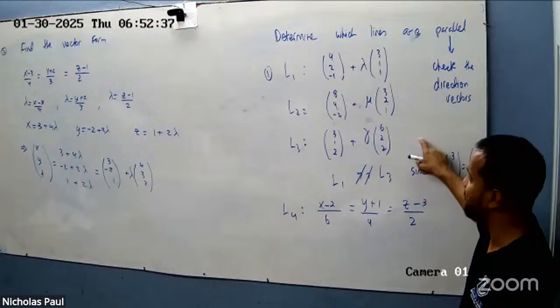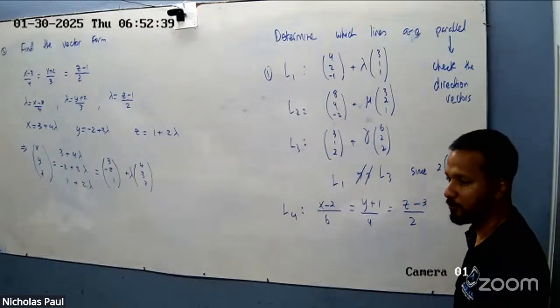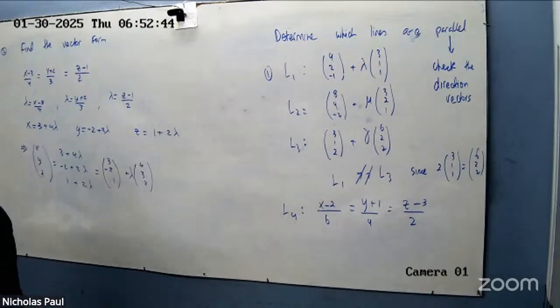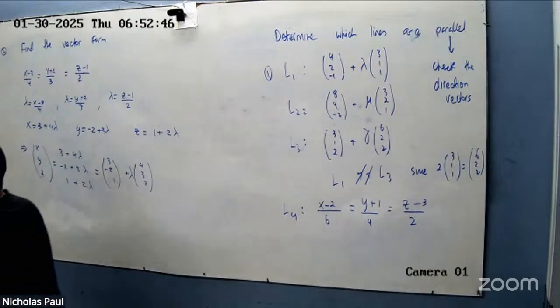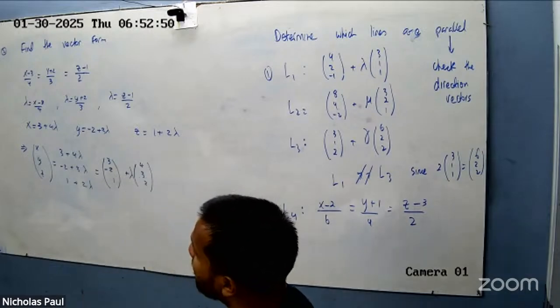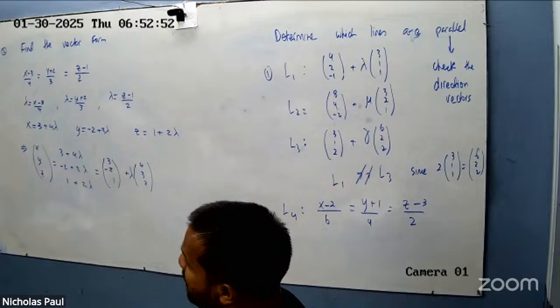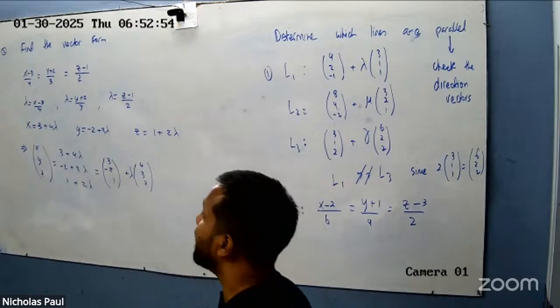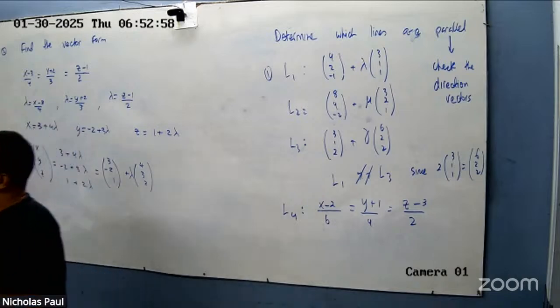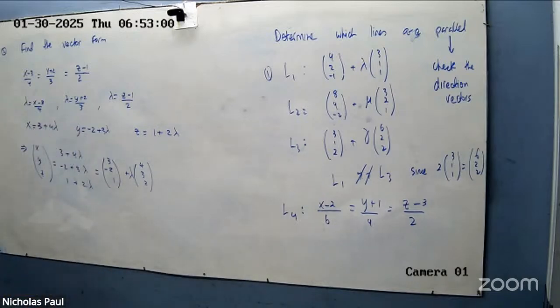Put it in the vector form and then you can figure it out. Write it down in the meantime. Online, which one is L4 parallel to? Let's pick somebody online.